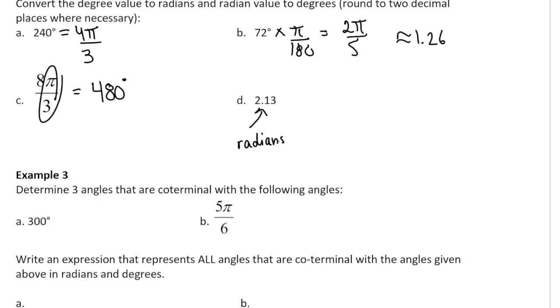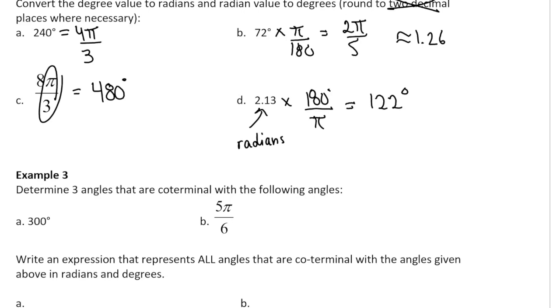And so we want to be able to see what that would look like if we wanted to convert it into degrees. So we could take that and we could times it by 180 over pi, and if we do that, we're going to get, well, let's go with 122 degrees. Okay, I know that's not to 2 decimal places, but we'll just say 122 is a nice number there.